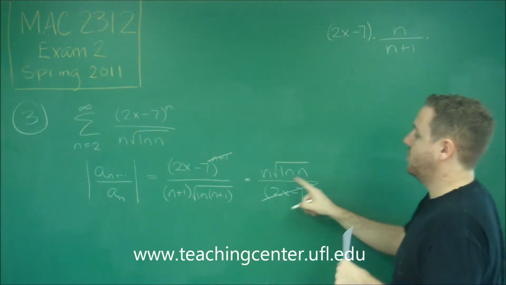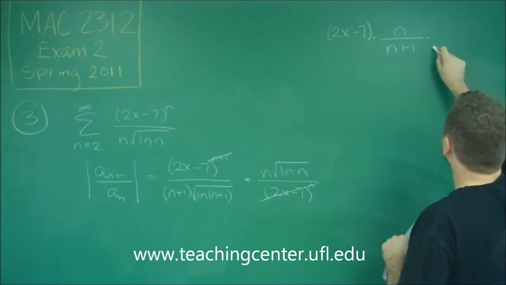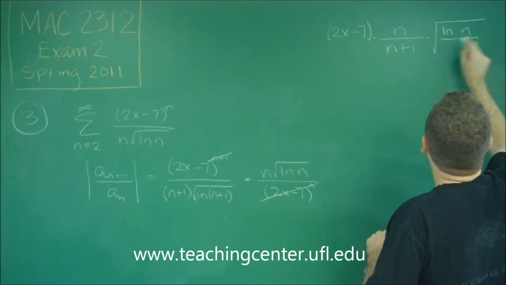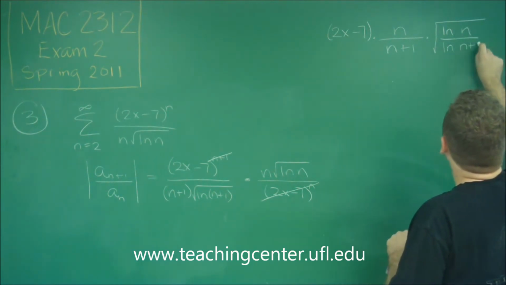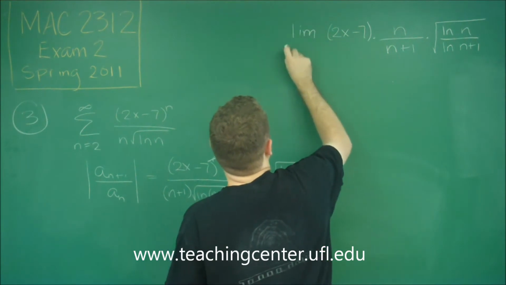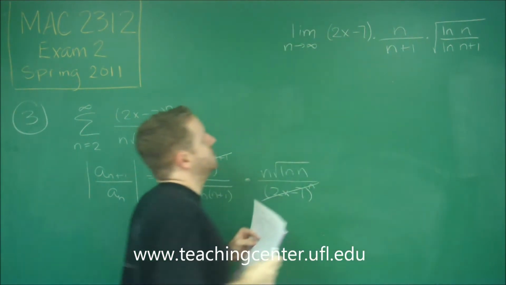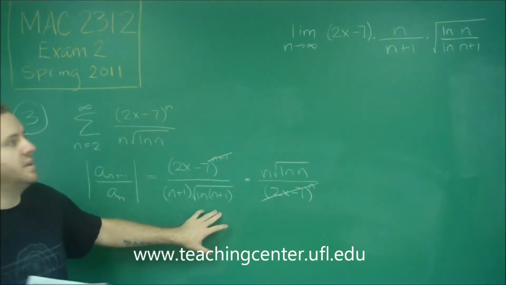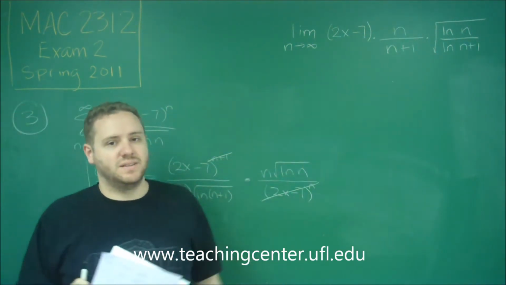And then since we have a square root of this on the top and bottom, you can write that all under one root, and we have ln n over ln n plus 1. So remember that we're doing the limit as n goes to infinity of that entire product. Again, what I did was just rewrite everything here and group everything together.